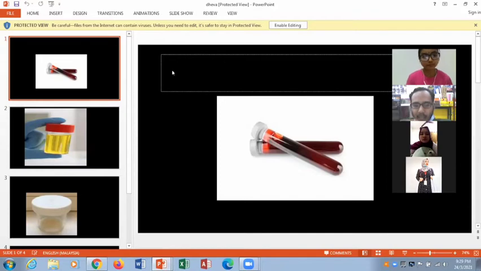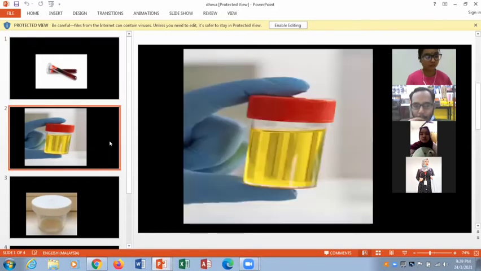Okay guys, now we can move to the next. This is urine. For urine, the container should be clean and free of particles or interfering substances. The collection container should have a secure lid and be leak resistant.